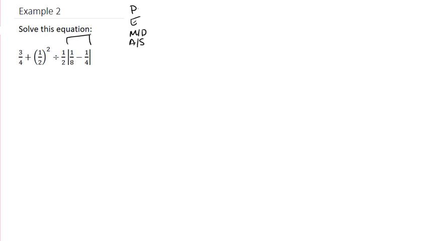So we will need to address that first. So for this, let's write this out right here. We have 3/4 plus 1/2 to the second power divided by 1/2 times the absolute value of 1/8 minus 1/4.